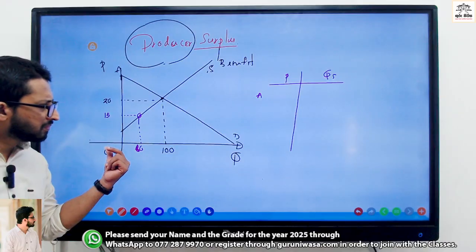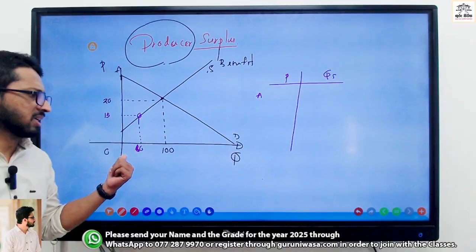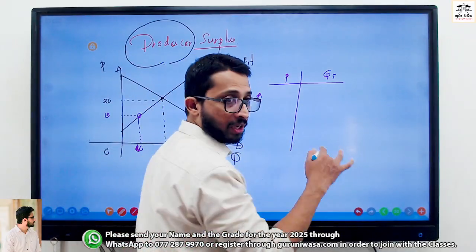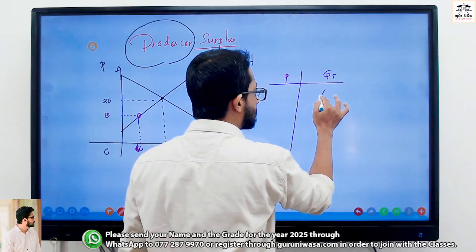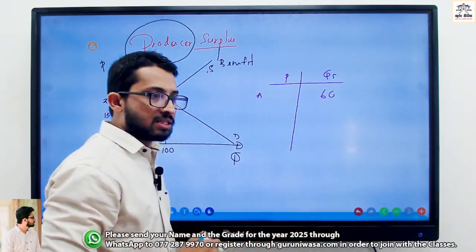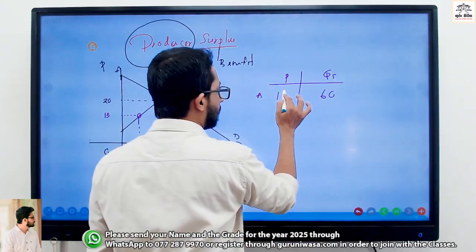Producers are willing to sell 60 units at 15 rupees. In a simple way we can say producers are willing to sell or supply 60 units at a price of 15.